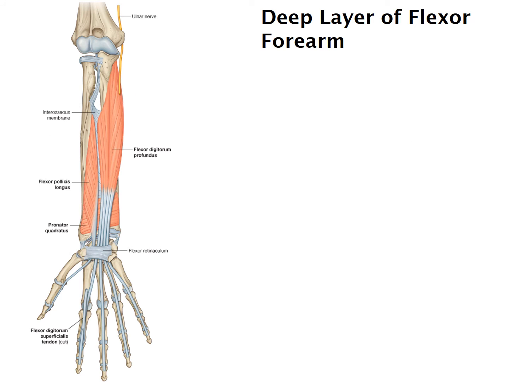The deepest layer of the forearm is comprised of three muscles, the most prominent of which is the flexor digitorum profundus muscle, abbreviated FDP. This muscle attaches to both the ulna, as shown here, as well as to the interosseous membrane, and it sends its four long tendons to cross the wrist joint, the MCP joints, the PIP joints, and the DIP joints.